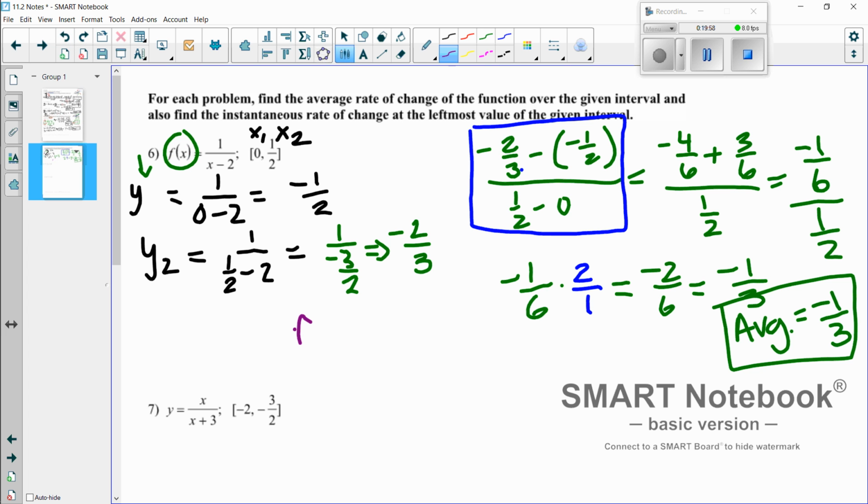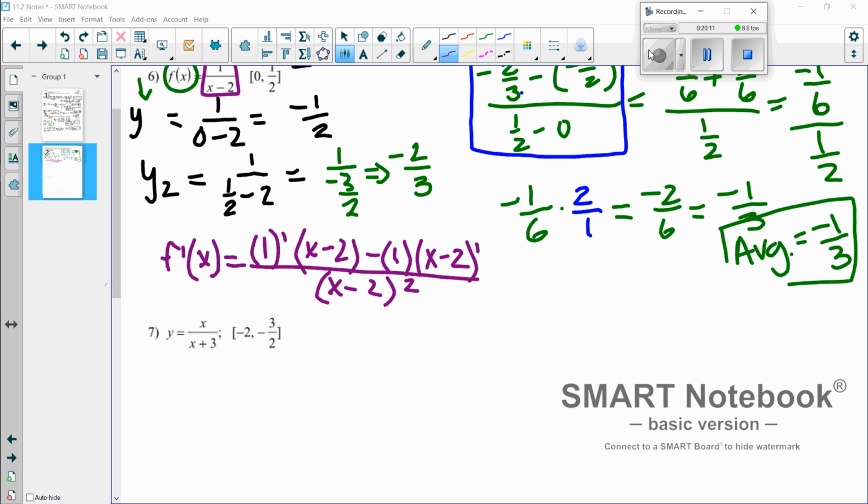Let's do f prime, and then in our last step, we'll plug in 0 for that x. So f prime of x is going to be equal to, let's set up the quotient rule, right? Again, that quotient rule is coming up. Stinks, but we got to do. I moved it over a little bit to have space. Again, u prime times v minus u times v prime all over v squared, or v times v.